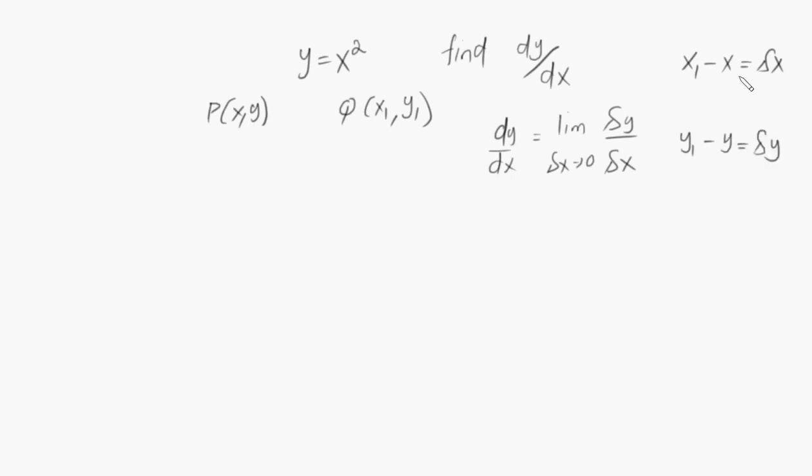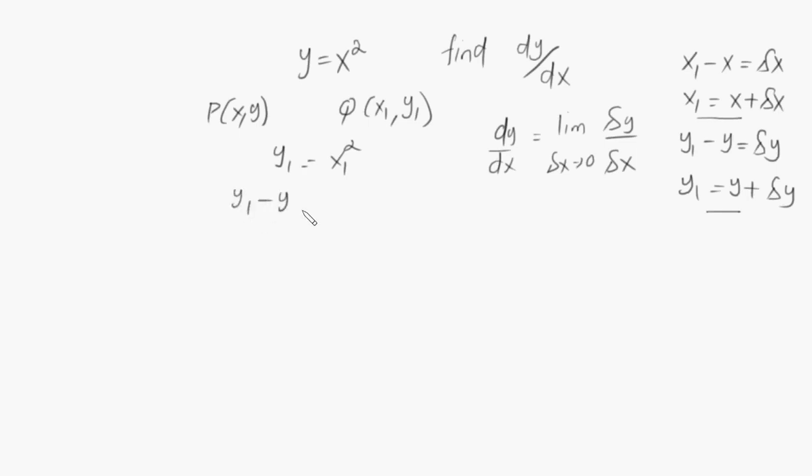So you can see here, from here I can obtain that x1 equals x plus delta x. Hii kumbuka. And from here I can obtain that y1 equals y plus delta y. Hii pia ikumbuke. Sasa I am looking for dy dx, or the gradient of the curve at point P, x, y. So I know that y equals x squared, lakini at point Q manake y1 equals x1 squared.